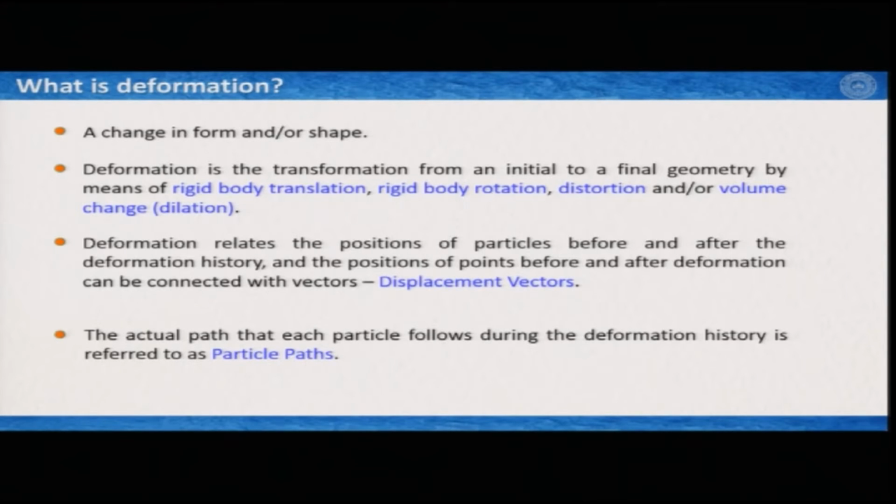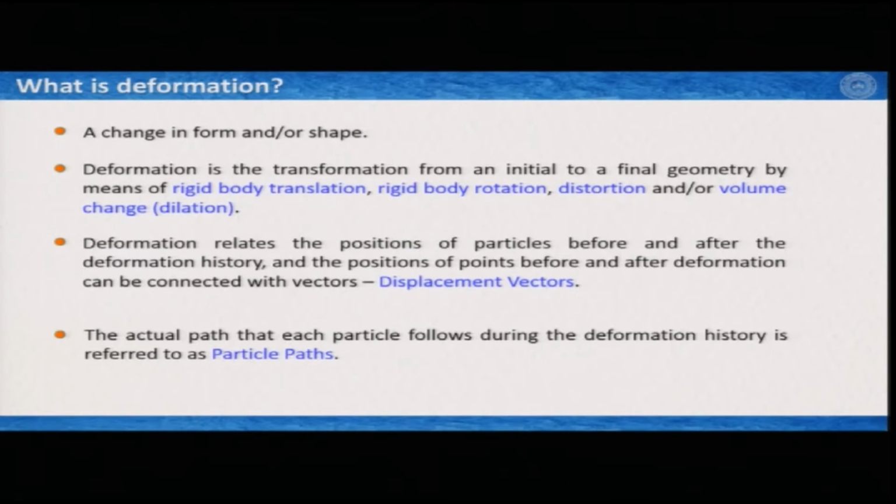So, as it is a quantitative analysis of geometry, it relates the positions of the points or particles of the body, the initial body, before and after the deformation history. And the positions of points before and after deformation can be connected with a vector, and this vector is known as the displacement vector. We will learn about it soon.